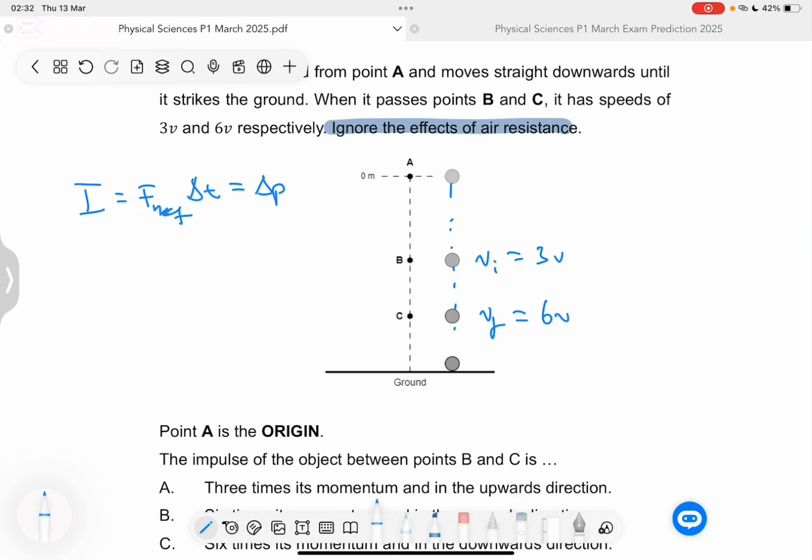This would mean that we'll translate this to be m times (v final minus v initial) in brackets like that. And I can now substitute. Obviously this object has a mass, that's why the m is there. I can substitute my values. The final velocity we said is 6v, and the initial velocity is 3v.